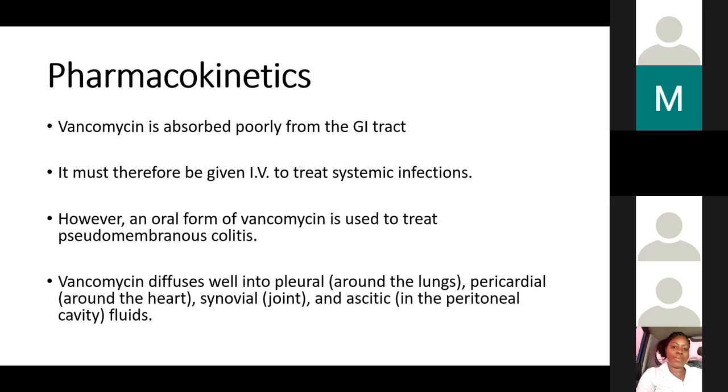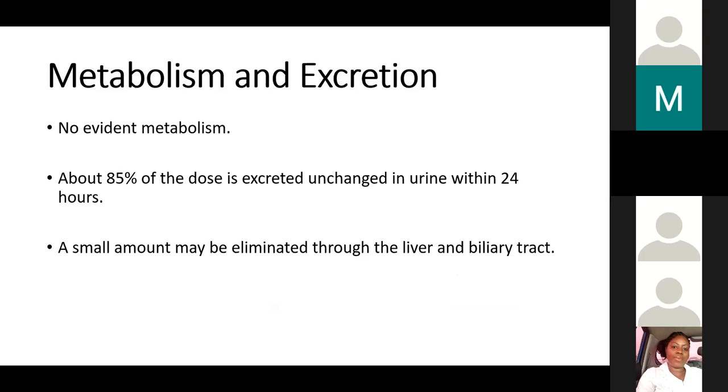So if you are looking at infections around these areas, vancomycin would be a good antibiotic to penetrate these areas. There is no evidence of metabolism, so about 85% of the dose is excreted unchanged in the urine within 24 hours. And a small amount may be eliminated through the liver and the biliary tract.